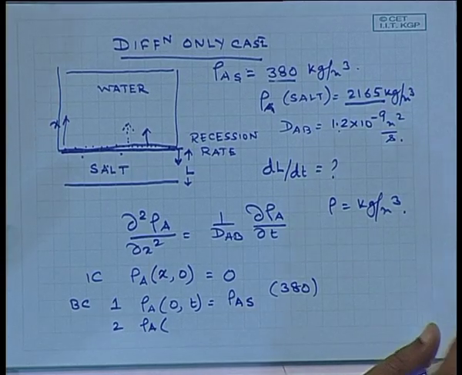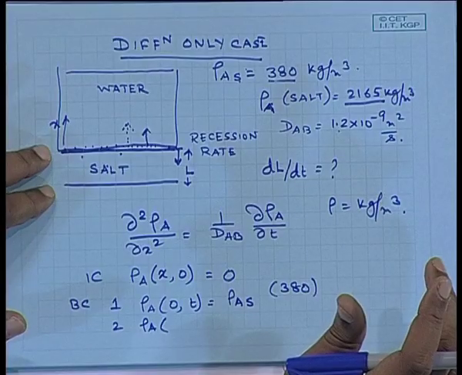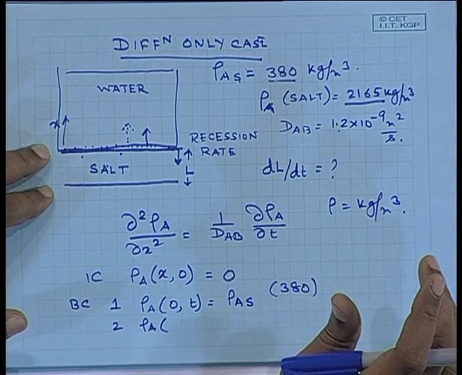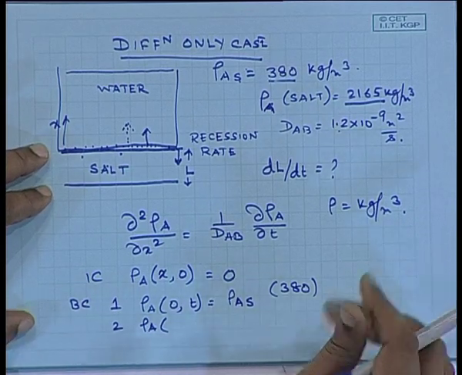That is the point on which the whole problem is resting. If we can find the flux of salt molecules at x equal to 0, that should be equal to the rate at which the solid salt layer is getting dissolved in water, and that would give us the recession rate.